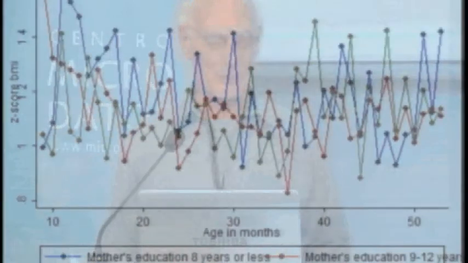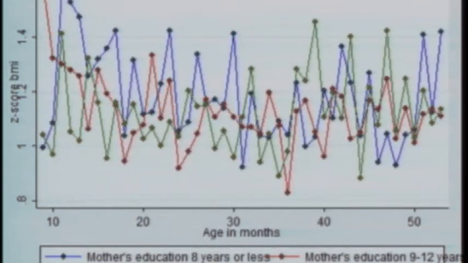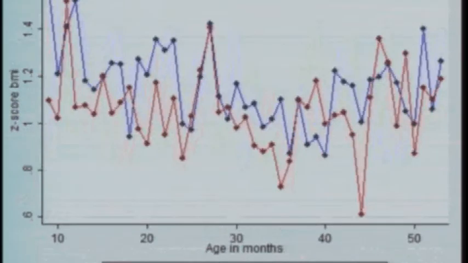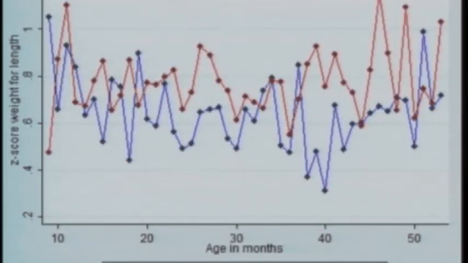Here, the pattern is very mushy if there's any pattern, but it might be the case that the values for BMI are higher for the less educated mothers, which reflects perhaps the differential spread of obesity in Chilean society. This is looking at BMI again with the income quintiles, mother's education.